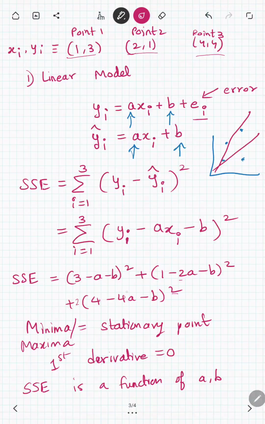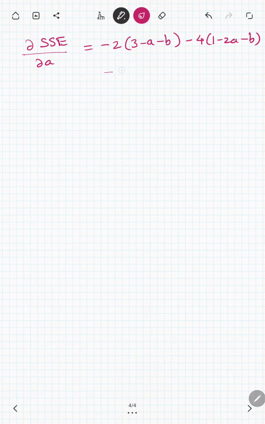So we are only interested in terms that have a inside them. So −4 multiplied over here, you will get −8 outside. So this will be −8 times (4 − 4a − b), and you set this derivative equal to 0.